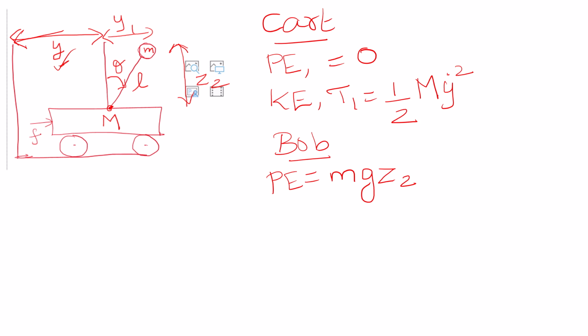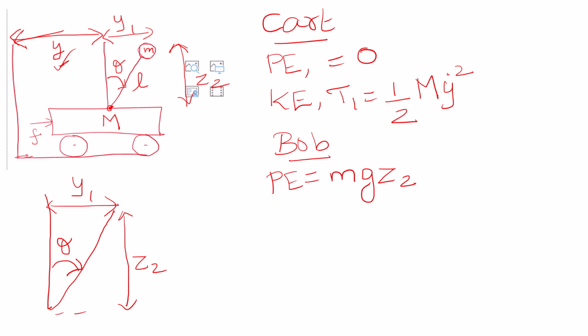To derive Z2, let us illustrate this separately here. This is the vertical distance and this is the pendulum, and from the vertical it has an angle theta. This distance we have taken as y1, and this elevated height is z2.